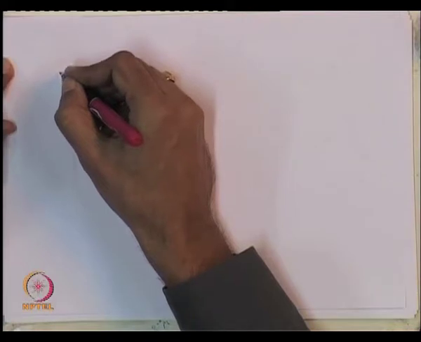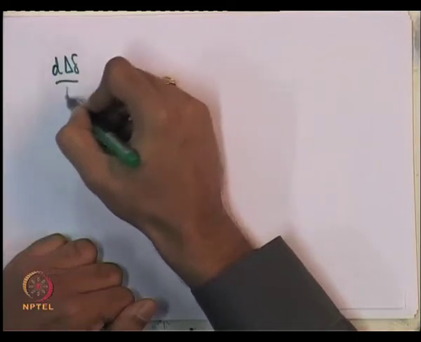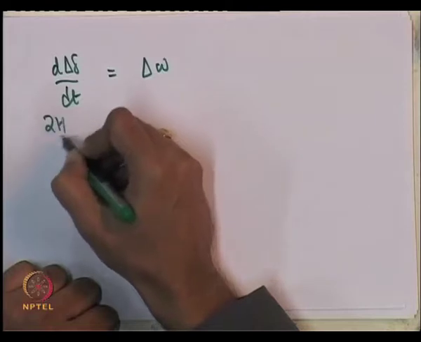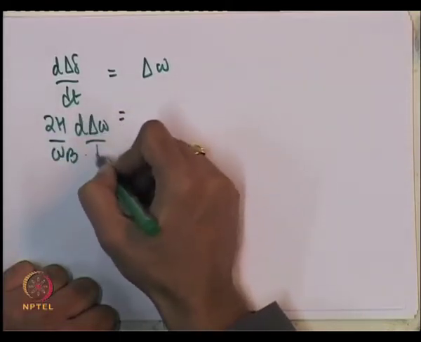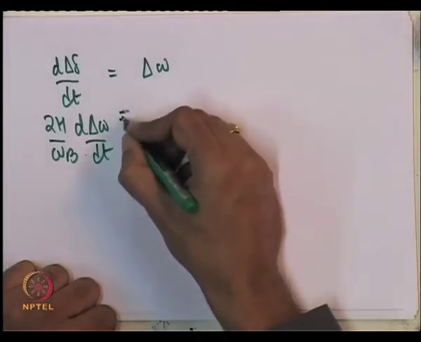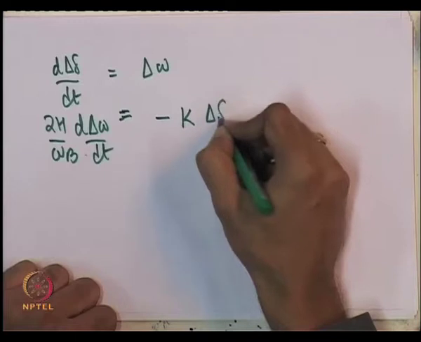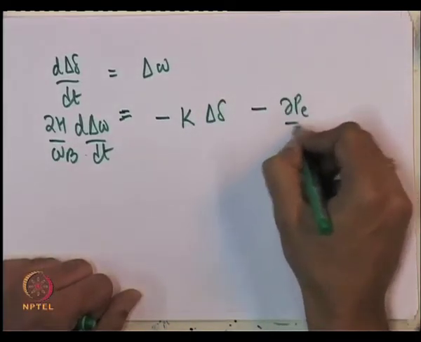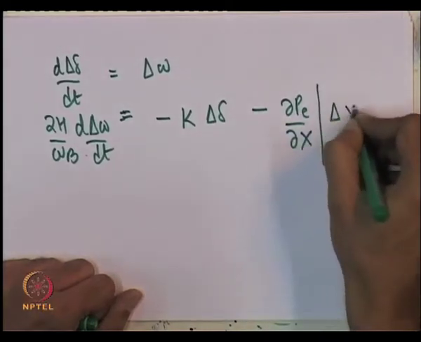So what we have here is d delta by dt is equal to delta omega, and 2H by omega_b d delta omega by dt is equal to minus K delta delta, minus dPe by dx evaluated at the equilibrium point into delta x.